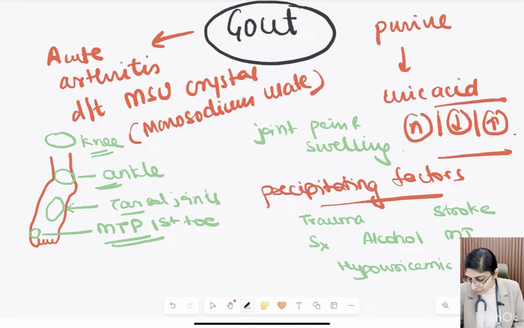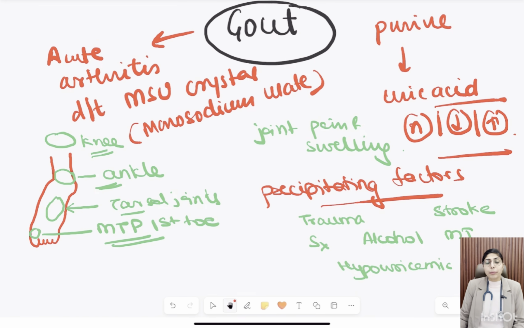So you see a patient having uric acid of 8, not having any joint inflammation, not having any signs and symptoms of gout, and you start the patient on febuxostat or allopurinol, and the patient ends up coming to you with gout or with joint swelling in the foot. So hypouricemic treatment can also precipitate gout. And why is that so?